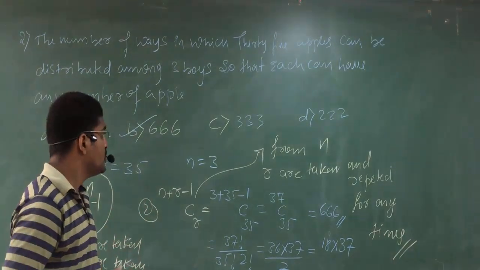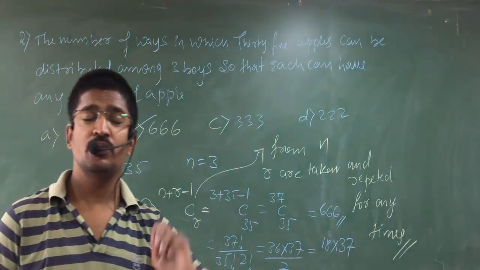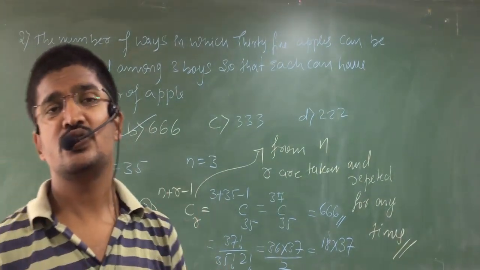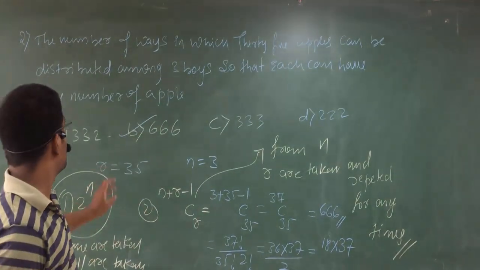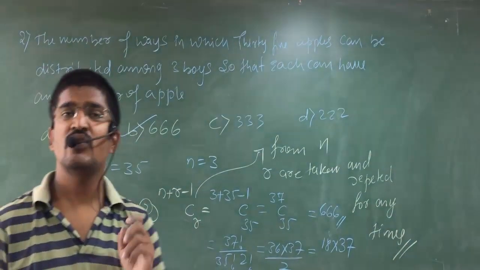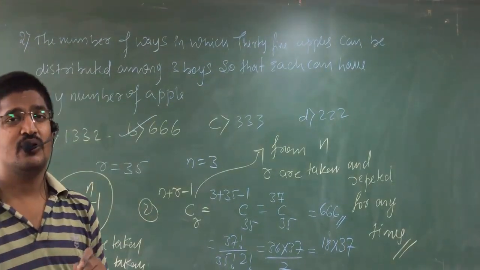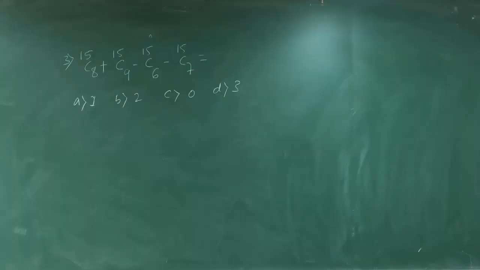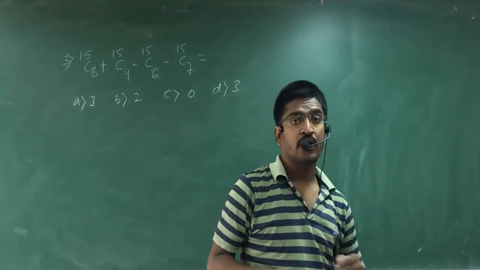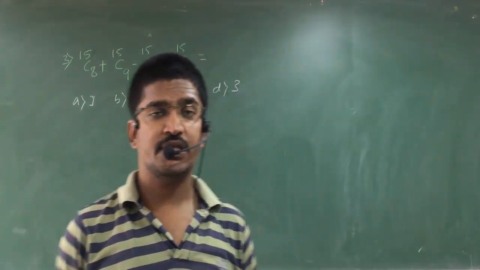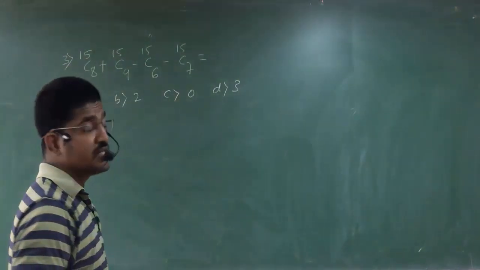So that I think you will remember these two important topics with some of these problems, so that it is going to be easy in your exam. Clear, students? Okay students. By understanding those two concepts, now let us go for the next problems.